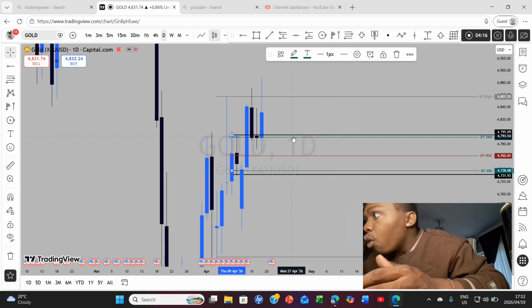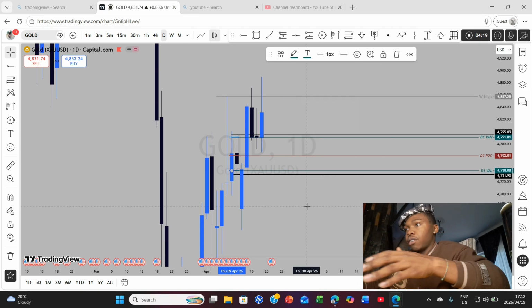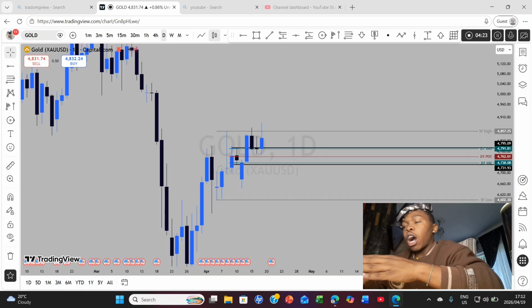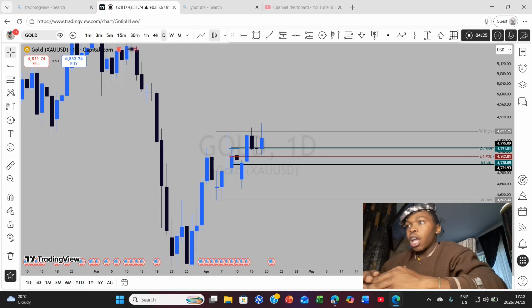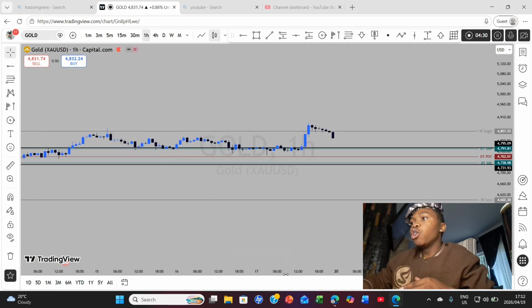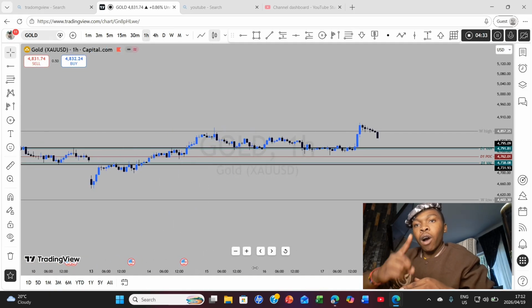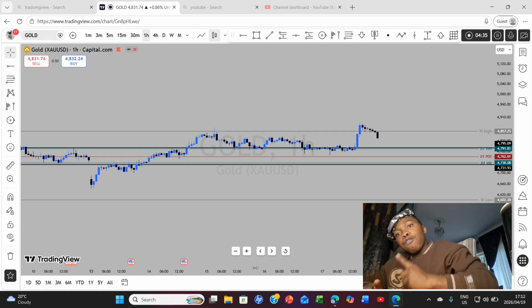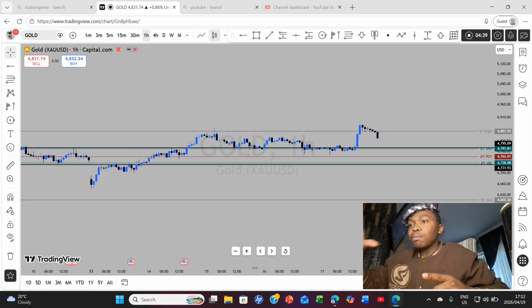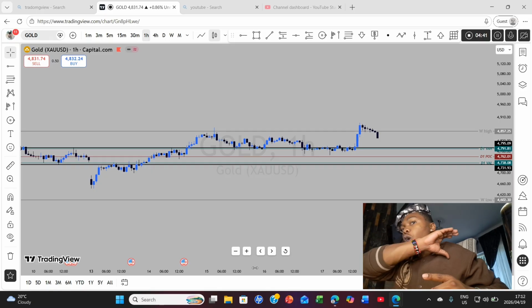So value area low for the previous day. So we now have our key levels in order. We scale down to 1 hour because we use the first 4 hour and the third 4 hour to trade throughout the day. So that's my support and resistance for the whole day.